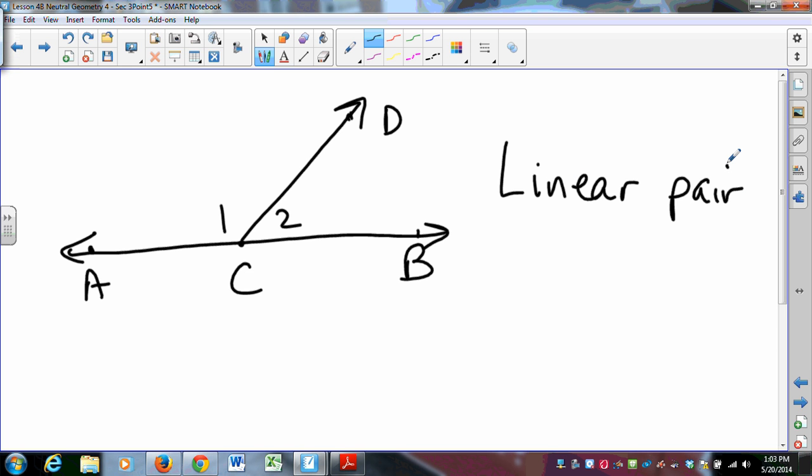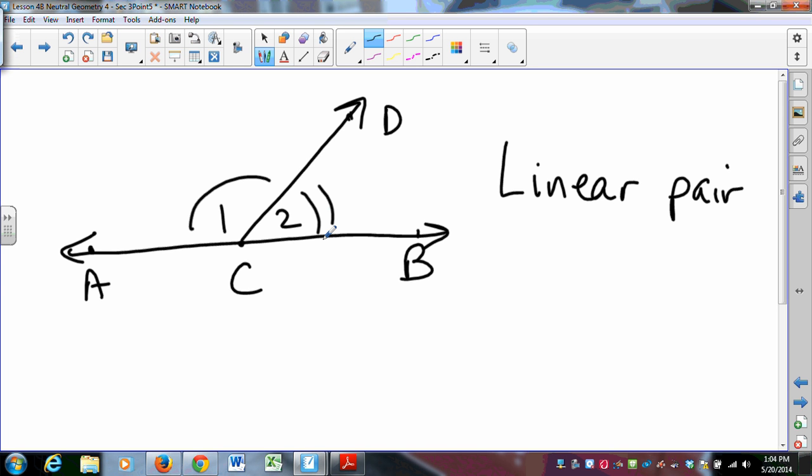And we loved linear pairs because what do we know? We know that this angle and that angle add up to 180 degrees, and therefore they are supplementary. So we should know what a linear pair is. We should know what supplementary angles are.